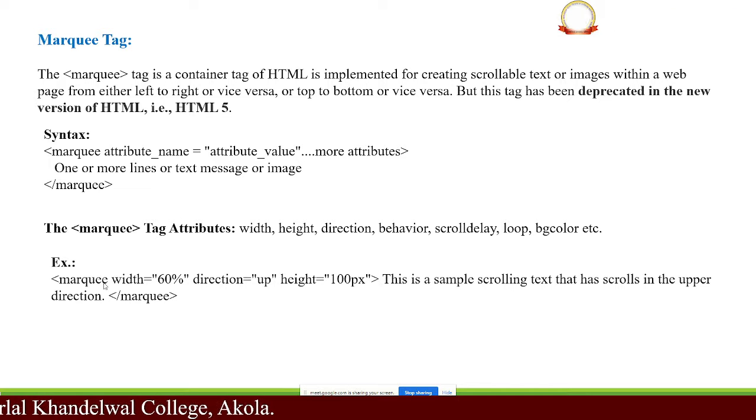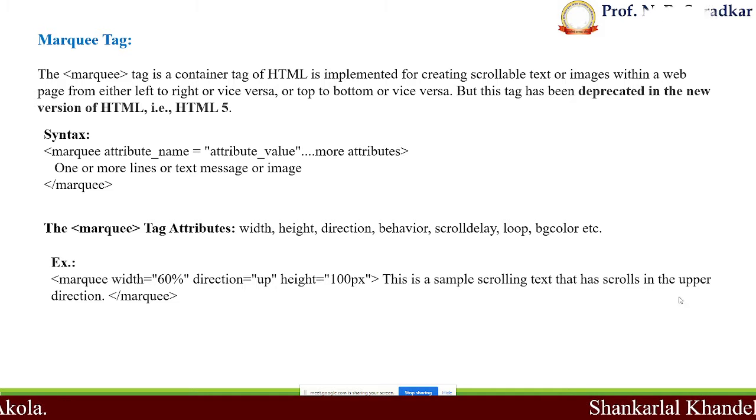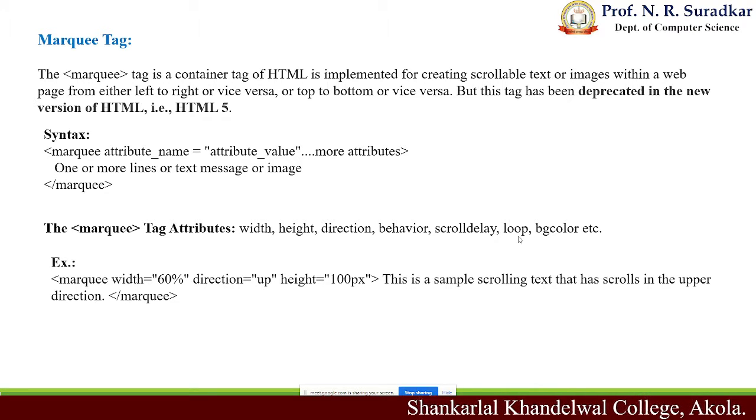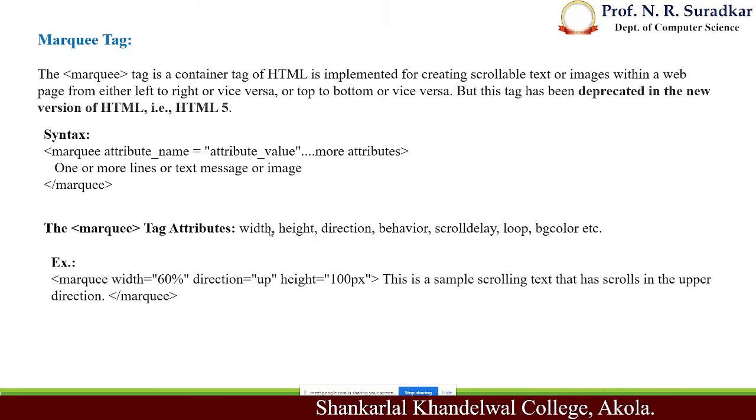After closing the start tag, put the text on which we apply the effect, or use the image there to apply the effect. And then the last tag is the end tag. This is the simple marquee tag which is normally used to apply basic effects on our text or images.